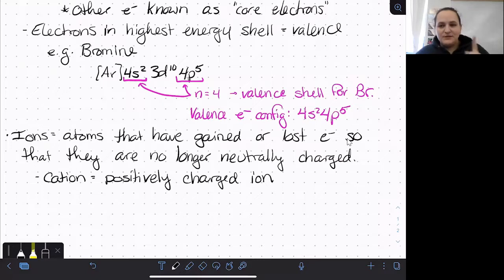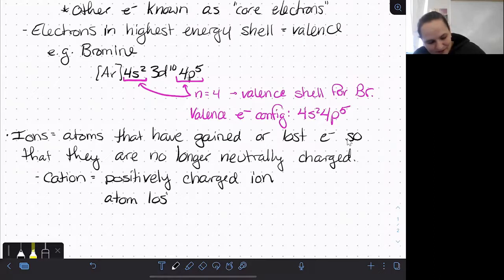Note how it is pronounced. So cations are positively charged, which means that the atom must have lost electrons. If the atom loses electrons, it would now have more protons than electrons, more positive charges than negative charges, which means it would end up positively charged overall.